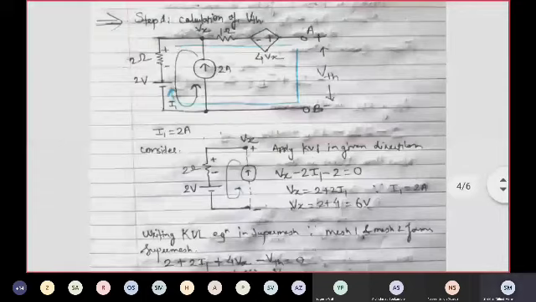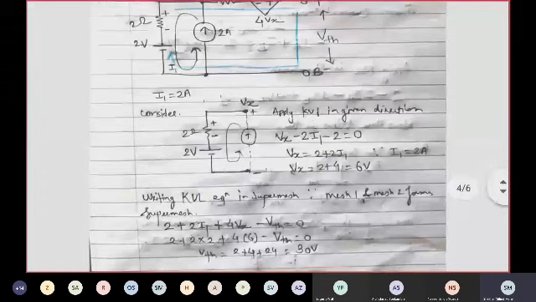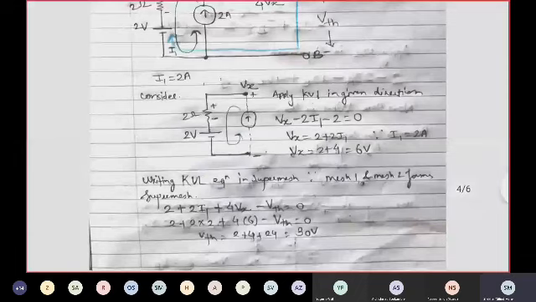You can see here 2 plus 2I1 plus 4Vx minus Vth is equal to 0. Now you can substitute the value of Vx as 6. So you get Vth is equal to 30 volt. Have you understood this part? Yes, sir. So Vth is equal to 30 volt.